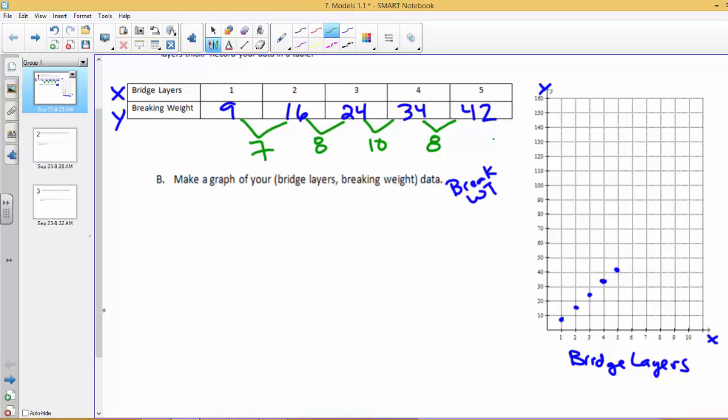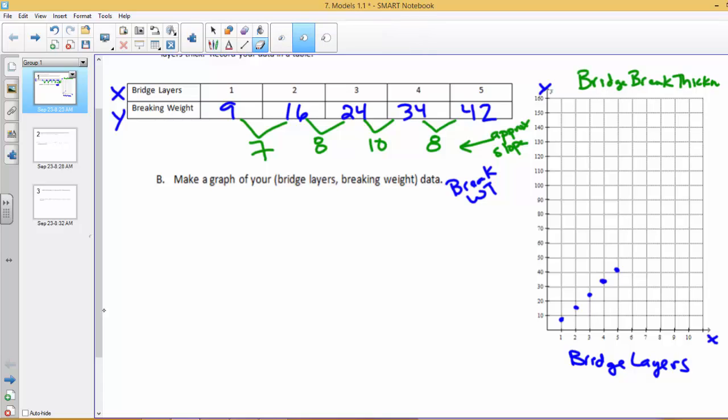So this is approximately your slope. And a good title for this might be Bridge Breaking with different lengths.